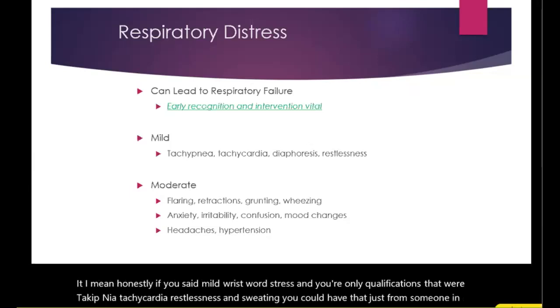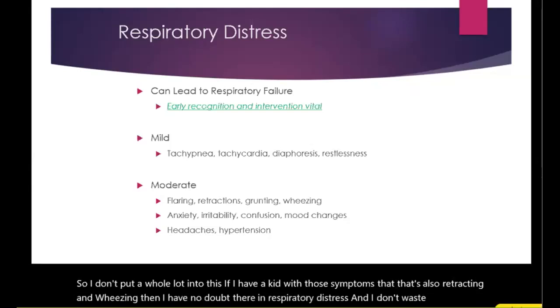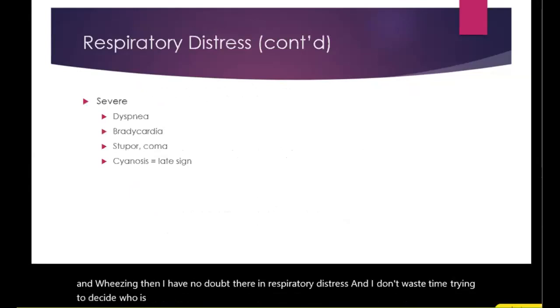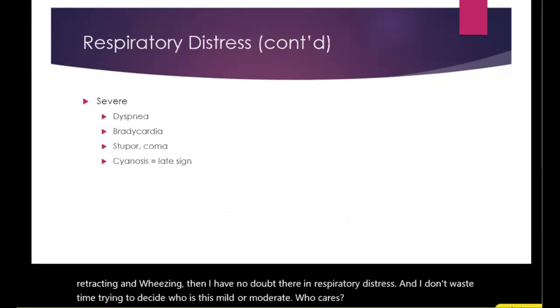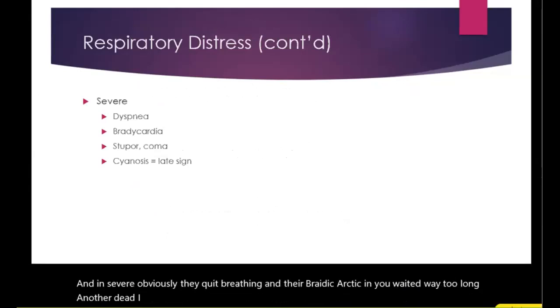So I don't put a whole lot into this. If I have a kid with those symptoms that's also retracting and wheezing, then I have no doubt they're in respiratory distress, and I don't waste time trying to decide, is this mild or moderate? Who cares? And then severe, obviously, they quit breathing and they're bradycardic, and you waited way too long and now they're dead. You have to do something immediately.